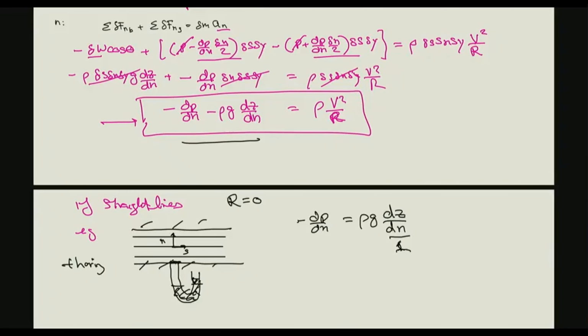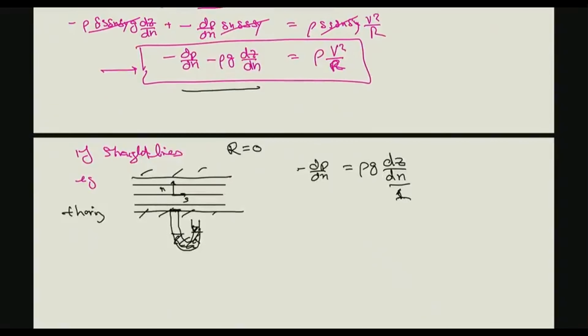And assuming straight streamlines, the gauge pressure you've measured holds all along across the channel at this location.